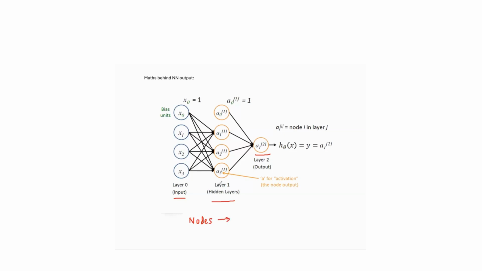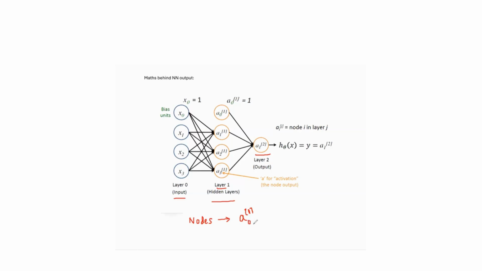All the nodes in the hidden layers are denoted by a letter for each node. If it's our first node, then it's A0, then A1 up to AN. And if the node is in the first layer, then it should have a superscript of 1 here.